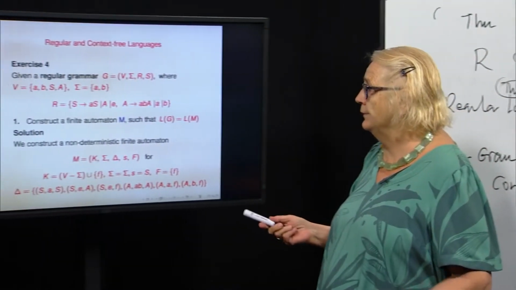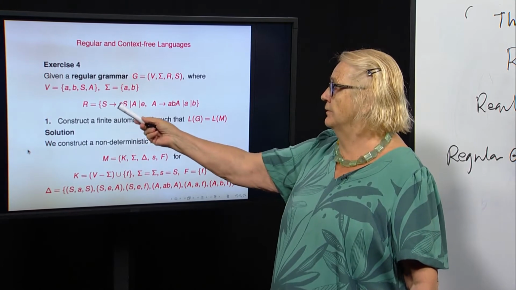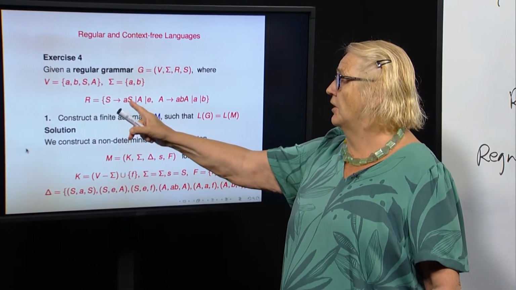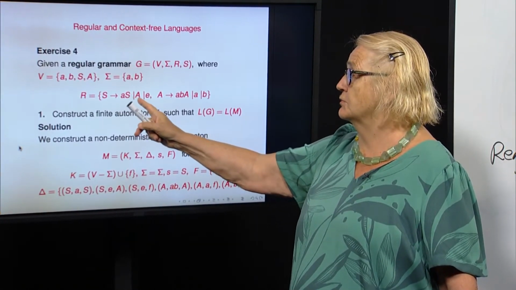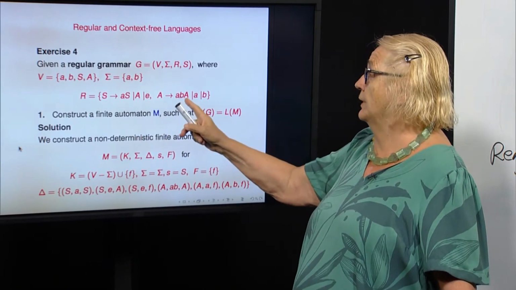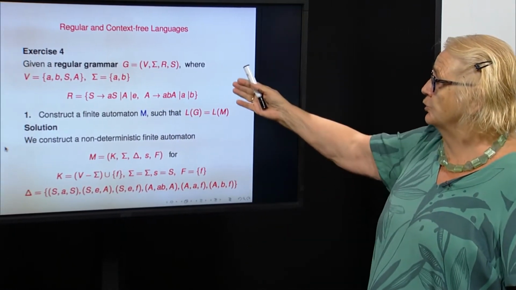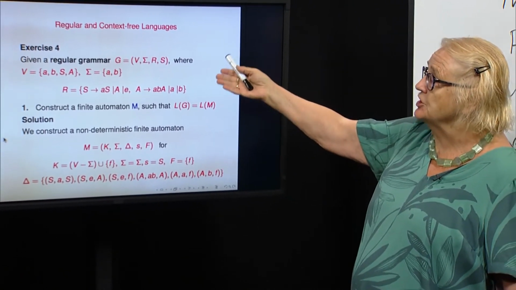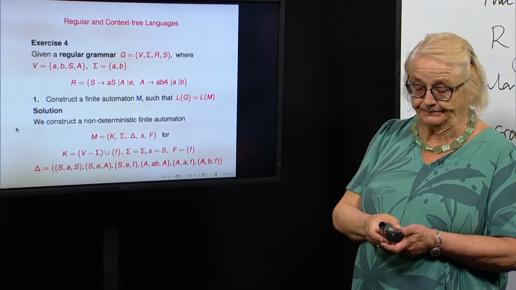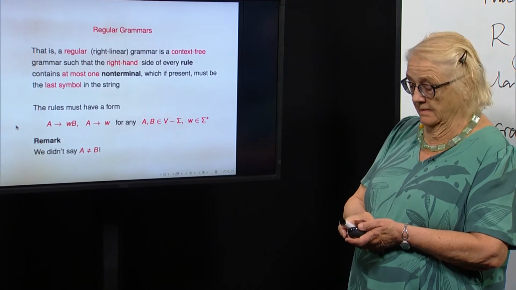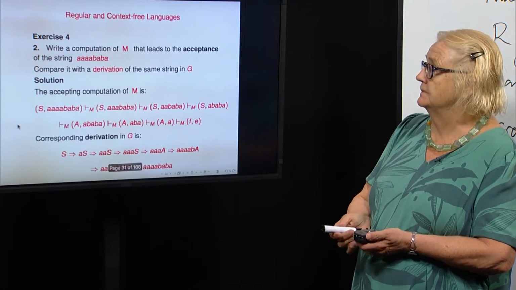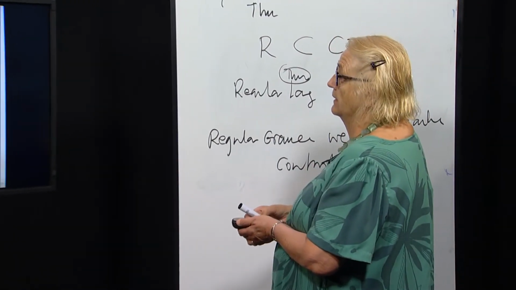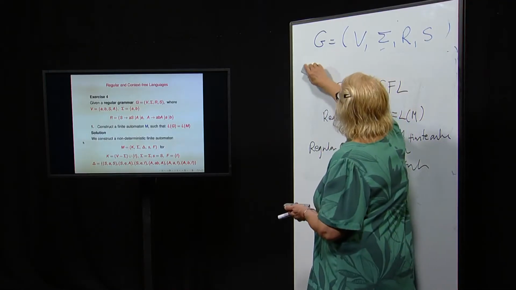So let's look at an example. Here you have a nice regular grammar. For example, we have S to aS. You can see there's only one on the left, at most one, or you can have this. And I want to construct a finite automata which would have exactly the same language as that regular grammar. Okay, so now I do an example.